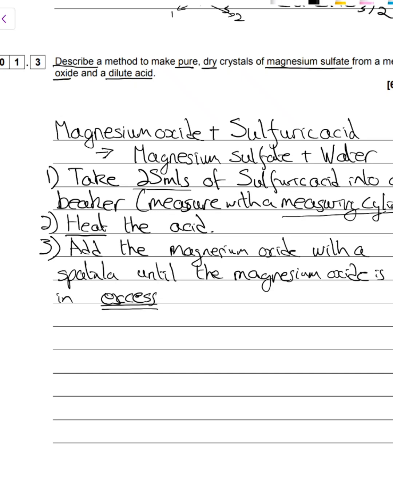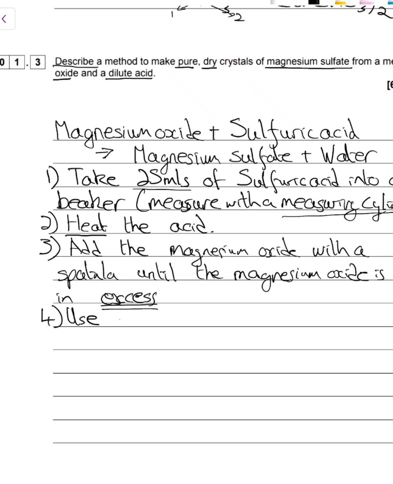So now we've got an excess of a solid, and we want to get rid of that solid now. So what do we need to do? So we need to filter this, but it's important not just to say filter, to actually say the equipment we're using.